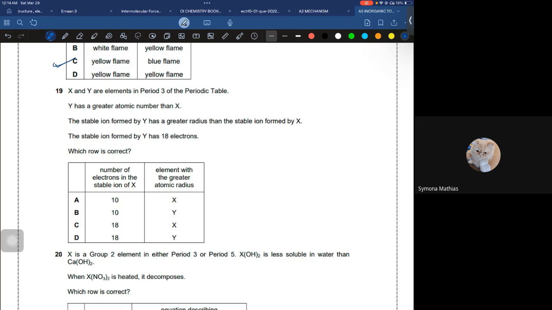X and Y are elements in period 3 of the periodic table. Y has a greater atomic number than X. The stable ion formed by Y has a greater radius than the stable ion formed by X. The stable ion formed by Y has 18 electrons. Which row is correct?